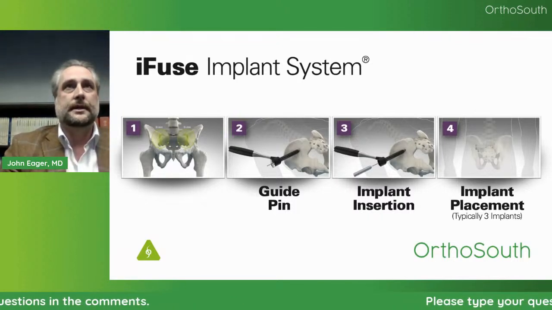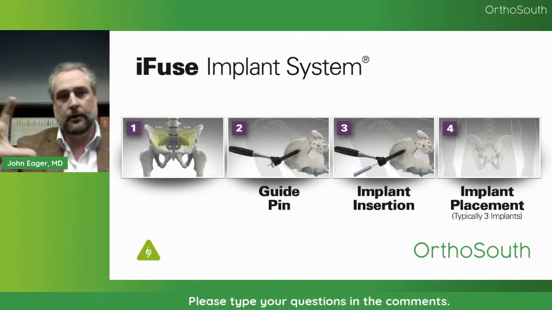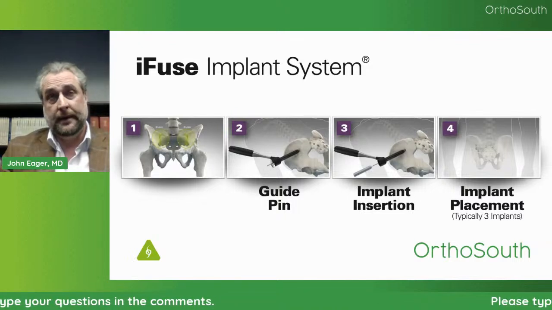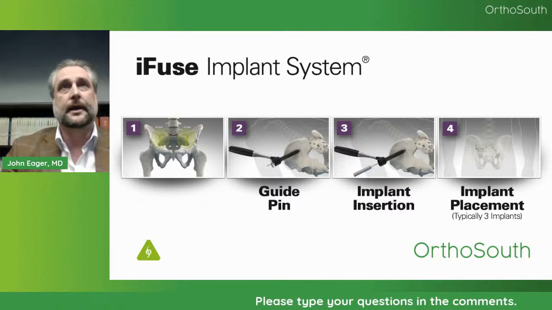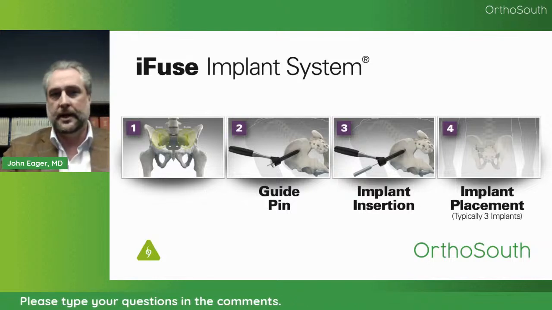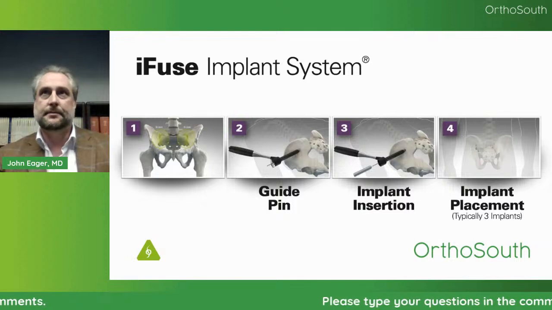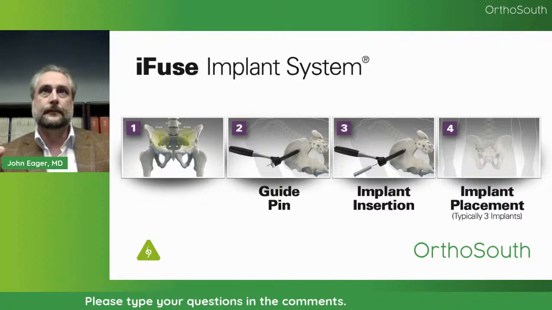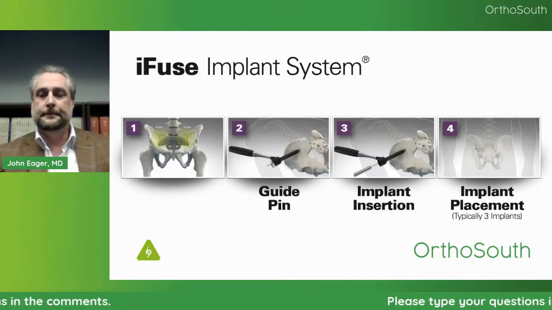After we place our guide pin across and confirm in all planes with X-ray that we're in the appropriate position, I then go in with a broach to create an opening and a path for my final implant. Once that is created and we've made it across the sacroiliac joint, again confirmed under X-ray, I will obtain a measurement to select the appropriately sized implant. Then I will pass that through the hole we created with our broach and impact that into place and seat it like you see here.